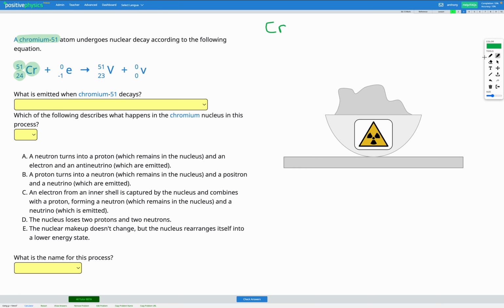So an atomic number of 24 tells us we have 24 protons. And a mass number of 51 tells us we have 51 protons and neutrons together. So if we subtract from our mass number the atomic number, the number of protons, that will get us the number of neutrons, which is 27. So we've got 27 neutrons.